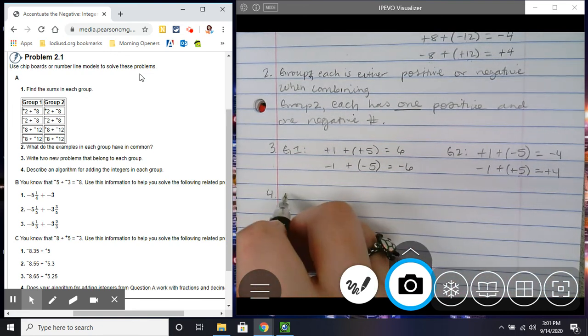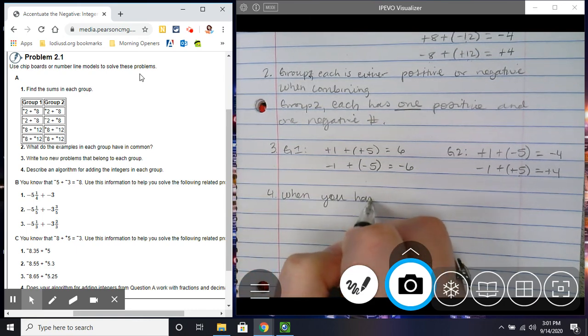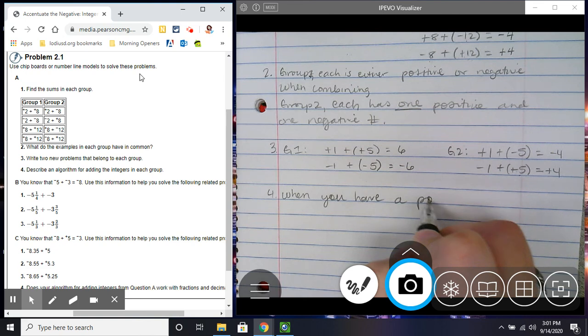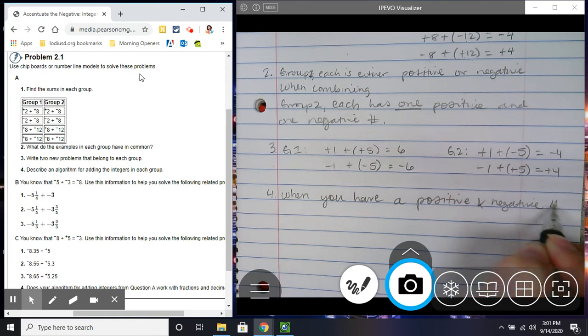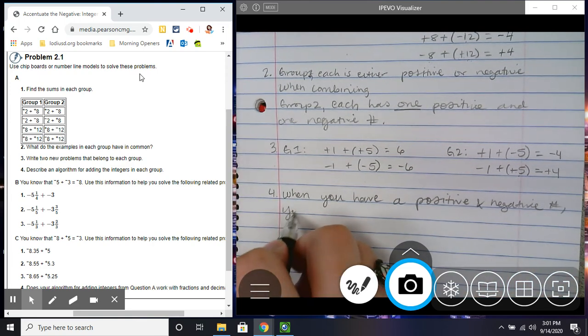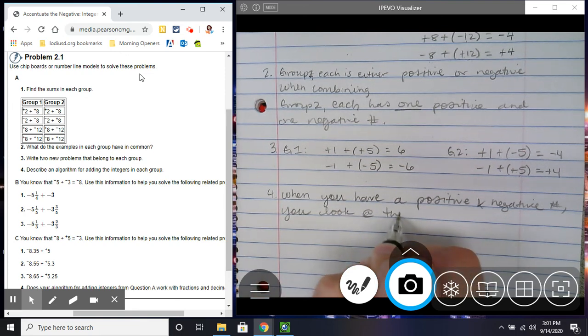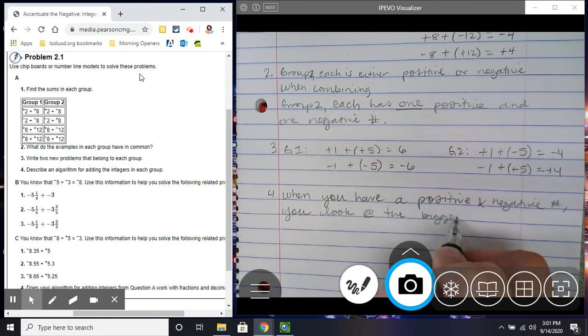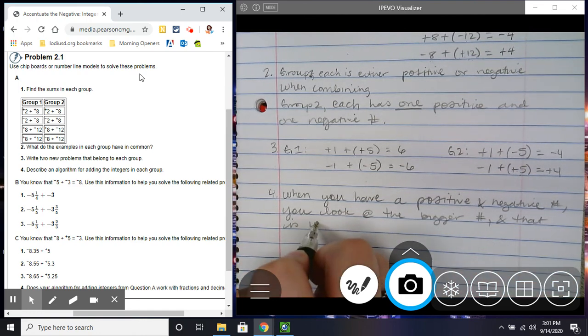So when you have a positive and negative number, you look at the bigger number, and that is where you start.